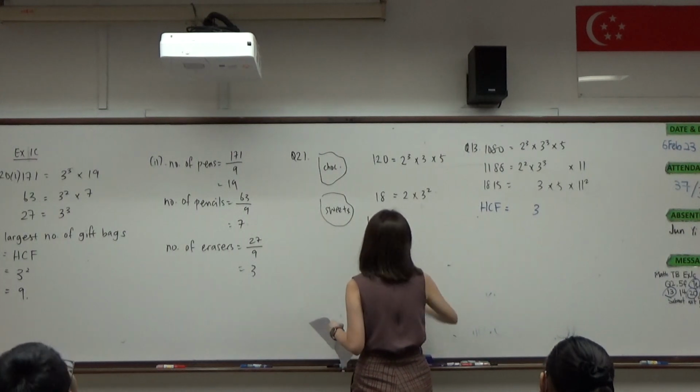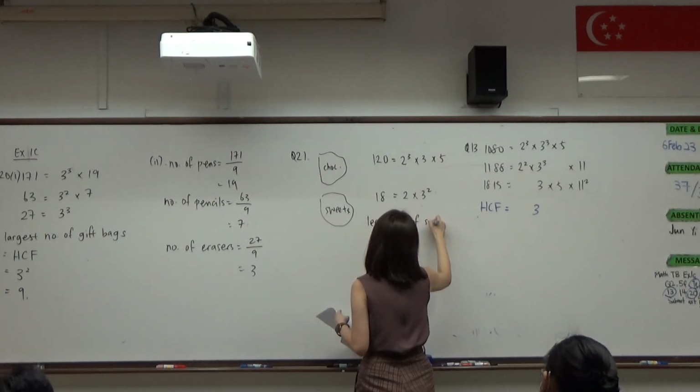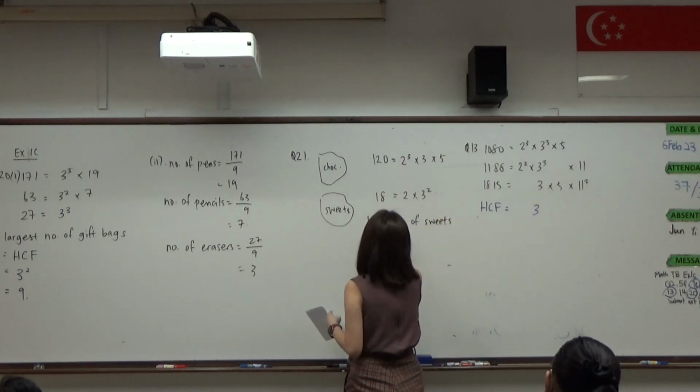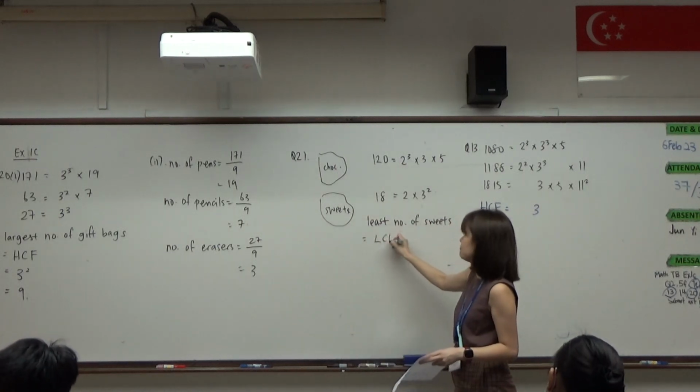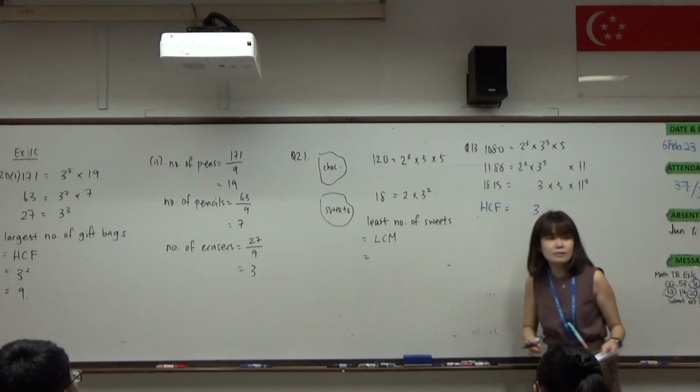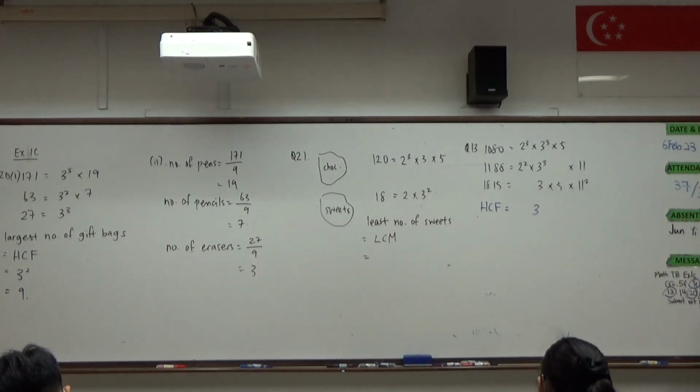So the least number of sweets, the least possible number of packets, we'll be looking for the LCM. And the LCM, what would it be?